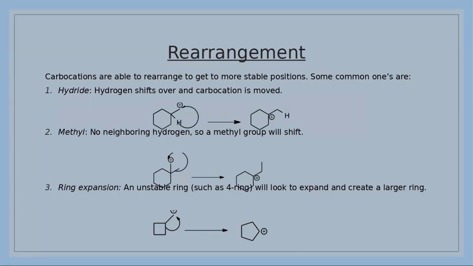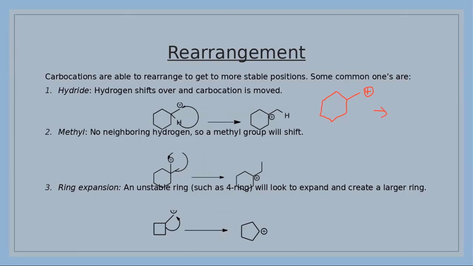So we have a hydride shift, which is where the hydrogen shifts over and the carbocation is moved. It's pretty simple. You're going to look at the neighbors, see that there's a hydrogen, and so the carbocation can move. And when you draw it out without the hydrogen, it doesn't look like anything really happened.